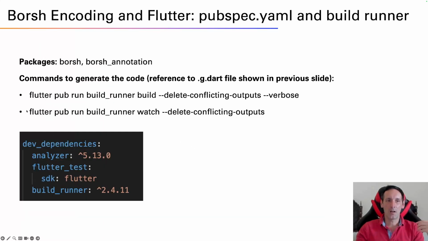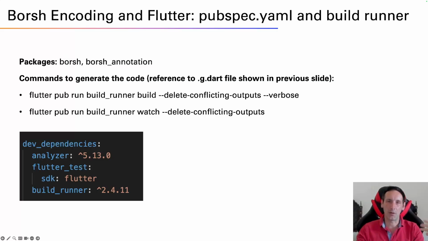So the reference to the .g.dart file that we discussed in the previous slide is going to be automatically generated, as I said, and that is generated by the build runner. For this whole thing to work, you need three packages in your project: two libraries for Borsh, so you have Borsh and Borsh annotation.